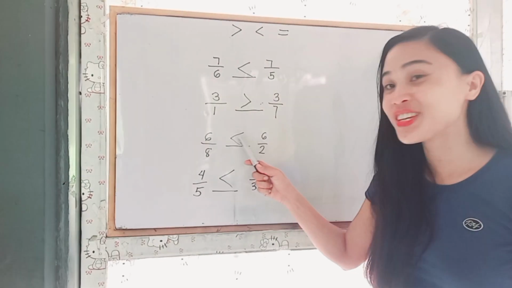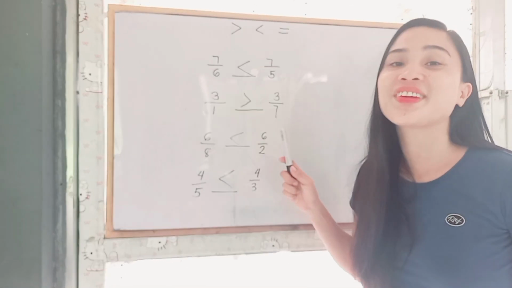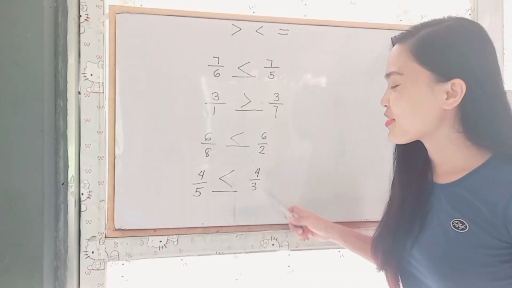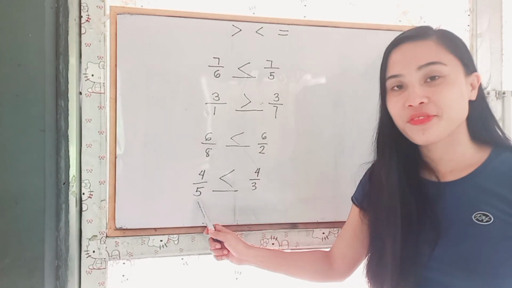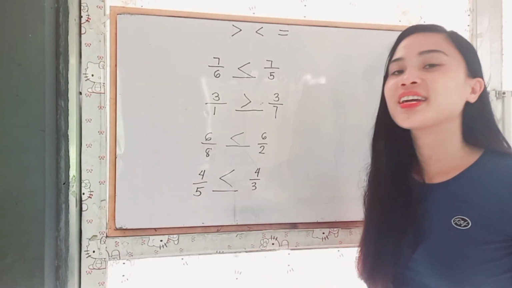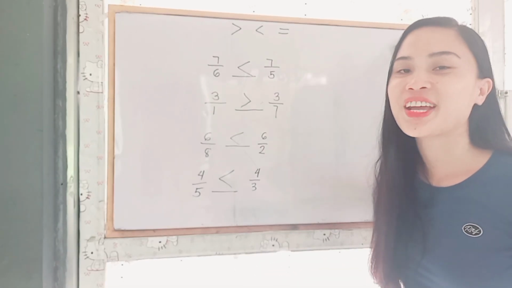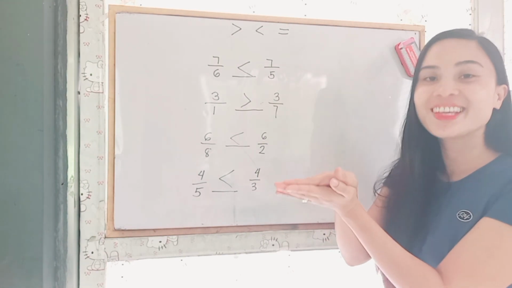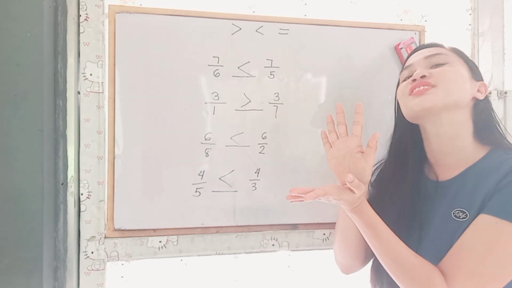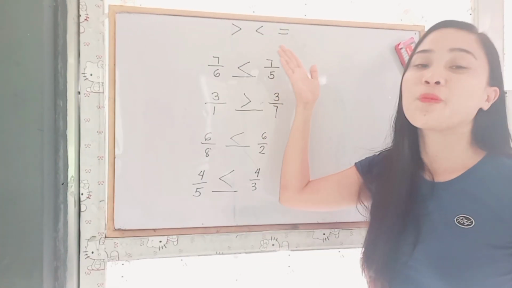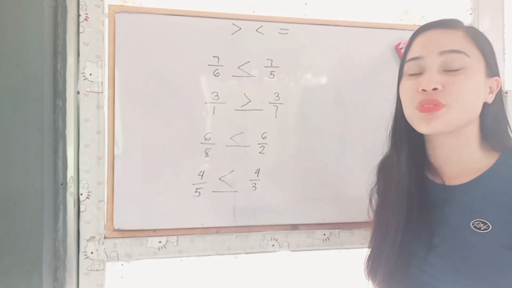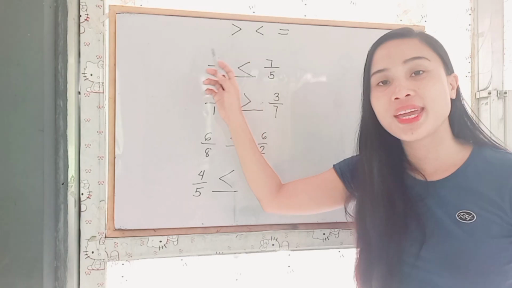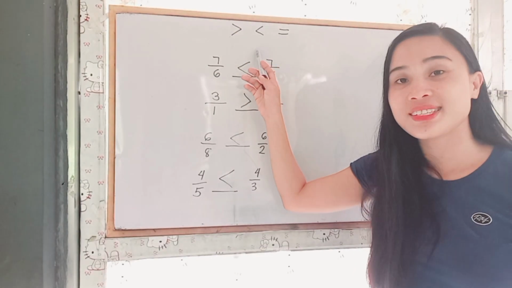Another, 3 is lesser than 5, so again the mouth of the shark is facing the greater fraction. So always face the mouth of the shark to the greater fraction or the greater number when you compare. Okay, so this is applicable to those who still confuse where is the greater than and where is the less than.